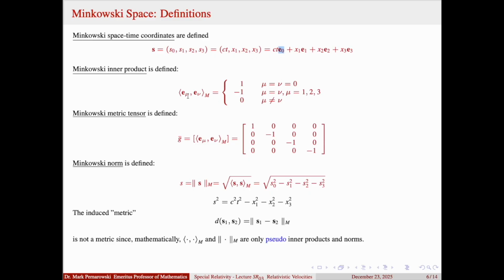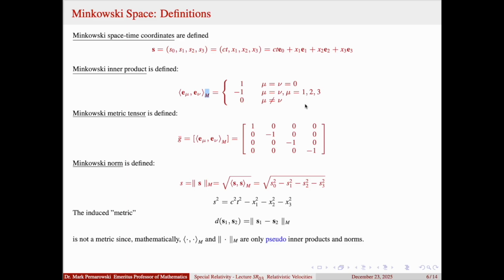So if I've got a naught here and a naught here, that's taking E naught dot E naught in the Minkowski sense, and I get a 1. But when I do that with the space ones, like E1 dot E1 with this Minkowski inner product, I get -1. And all other possible Minkowski inner products are going to be 0.